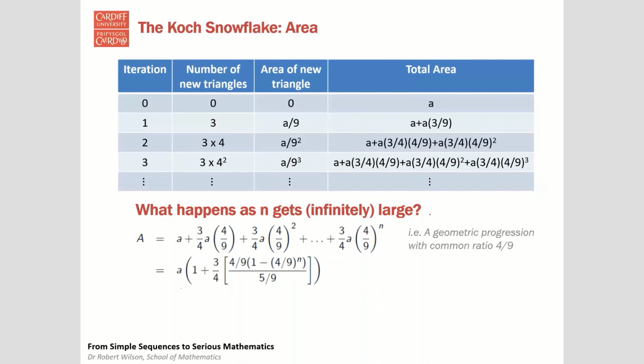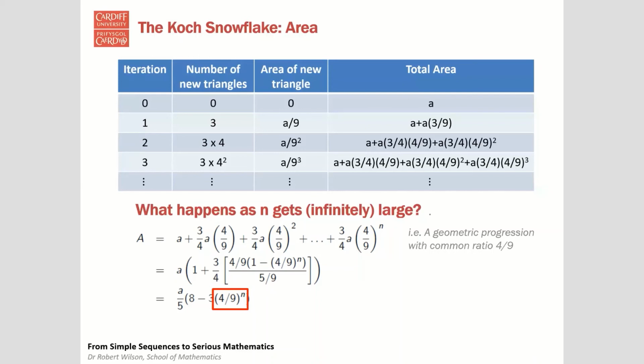And after some relatively straightforward manipulation of that expression, we can see that again, we have a term involving n. Now in this case, the number in the bracket, 4/9, is less than 1.